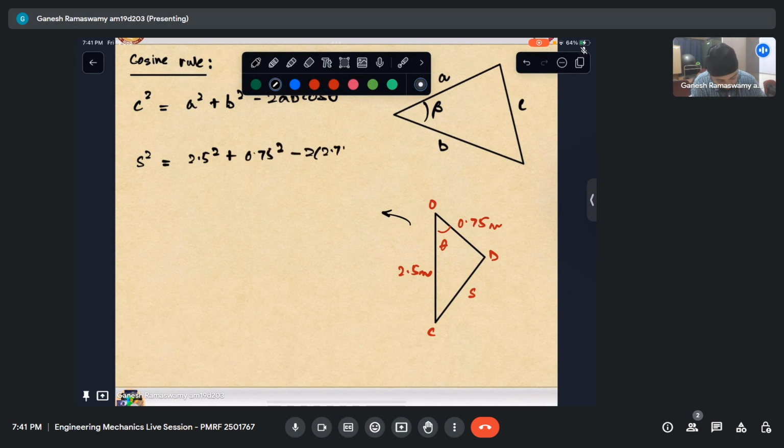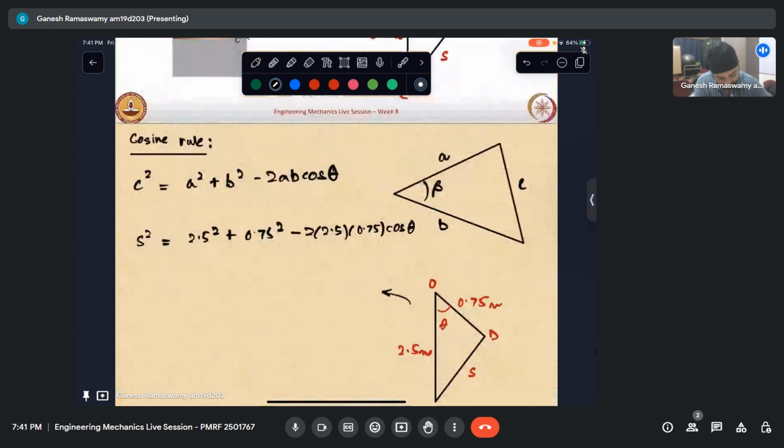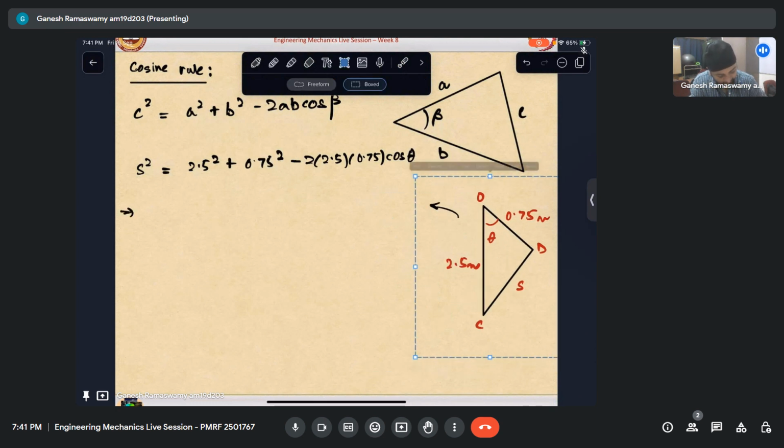Yeah. 2 into 2.5 into 0.75 cos theta. Actually, here I should have written beta since I have labeled this as beta. So I hope that is clear. There is no confusion there. So let me simplify this. I have written the cosine rule for this triangle now. This is my cosine rule.